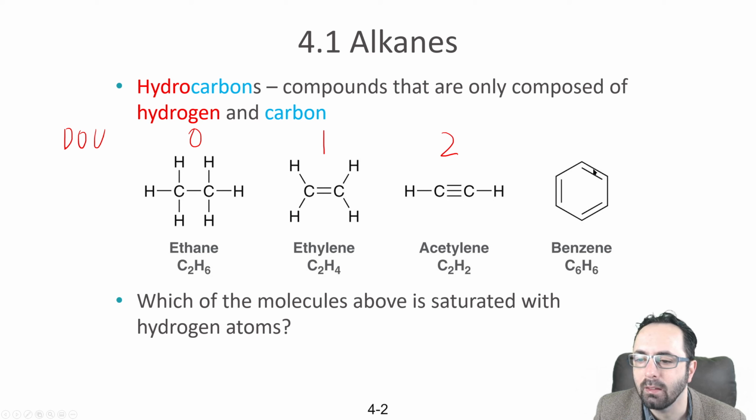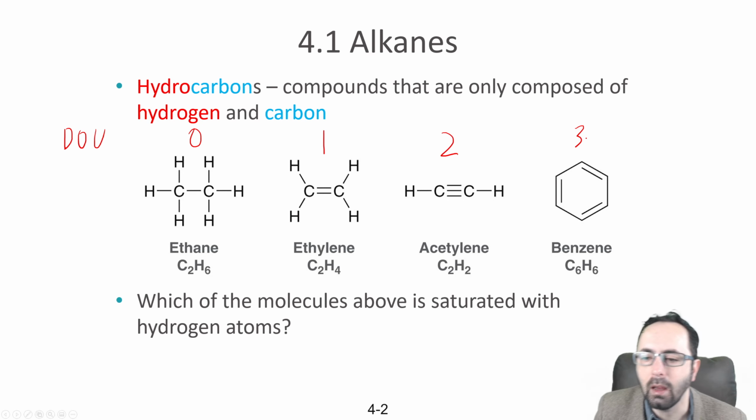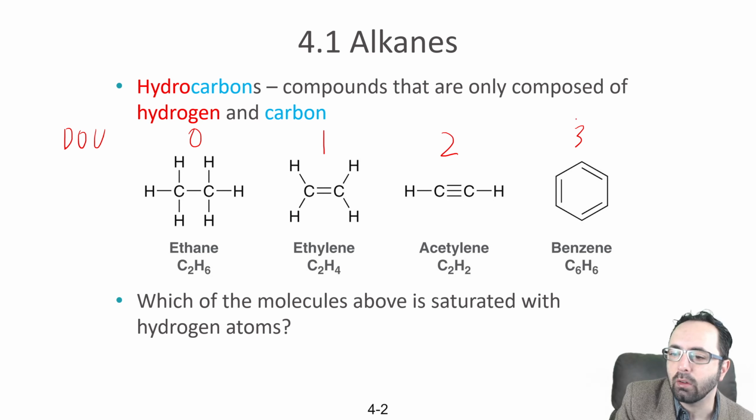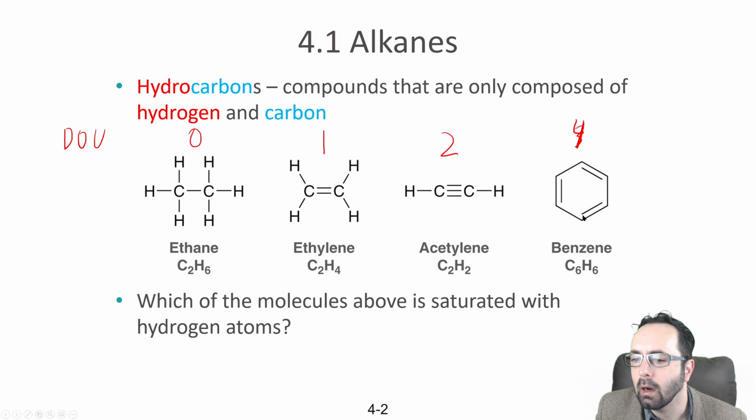Finally, benzene has 3 double bonds, each one contributing 1 degree of unsaturation, and a ring. So that confers 4 degrees of unsaturation: 1 for the ring, and 1 for each of the double bonds.